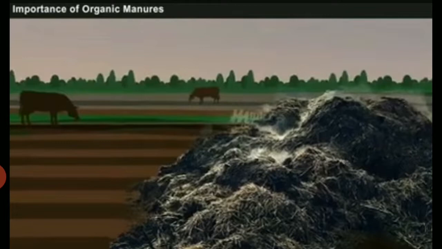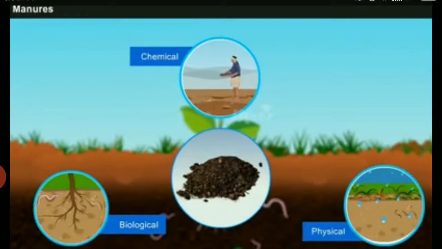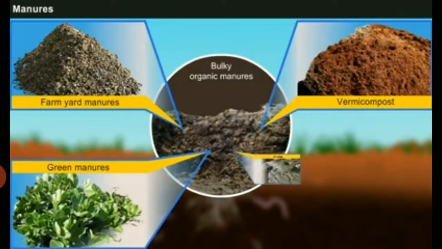This organic manure will improve the physical, chemical, and biological properties of the soil. So now you learned what manure is: an organic substance obtained by the decomposition of plant and animal waste. There are different types of manure: farmyard manure, green manure, and vermicompost.